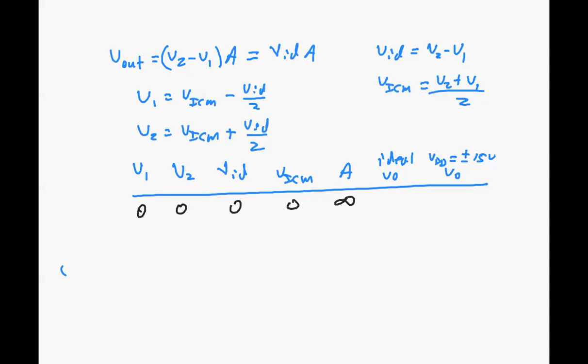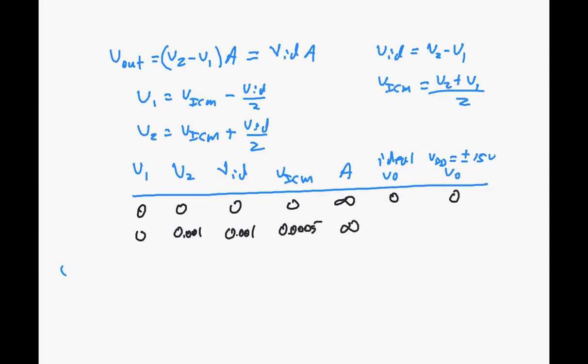And the ideal output is 0, and the actual output is going to be 0. So that's reasonable. If we had 0 on V1 and 1 millivolt on V2, then VICM must be half a millivolt.